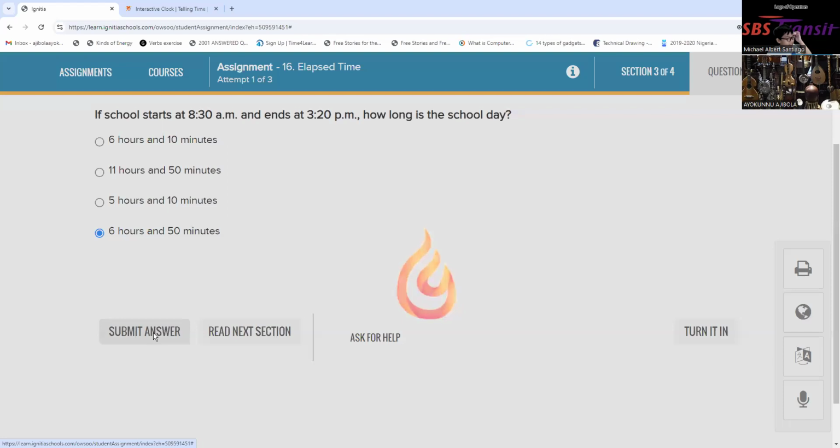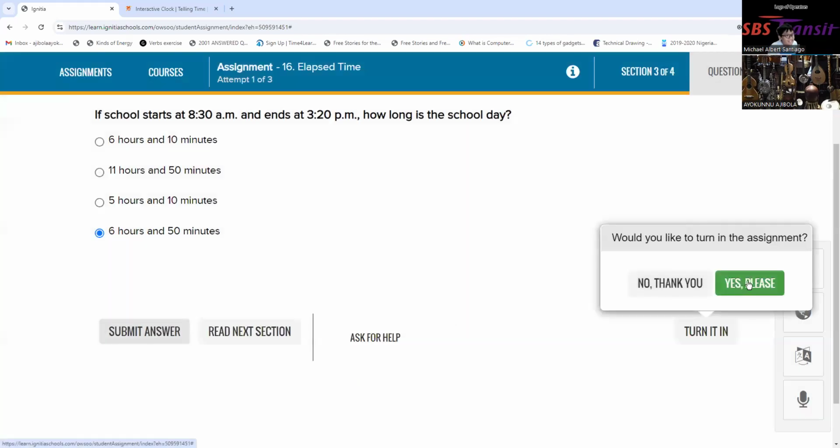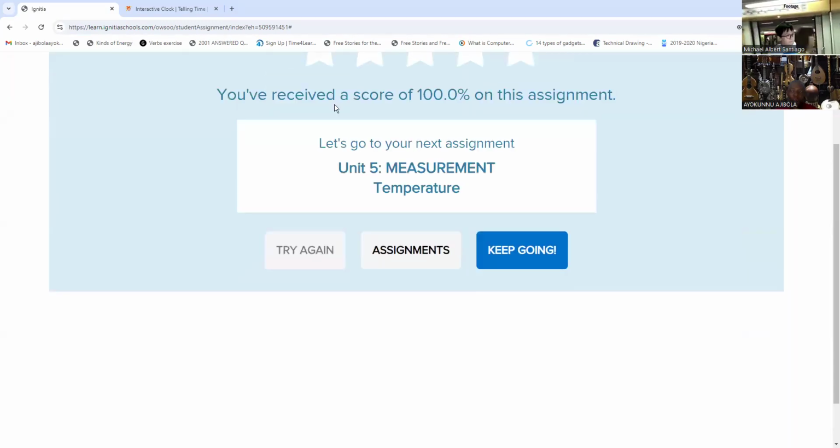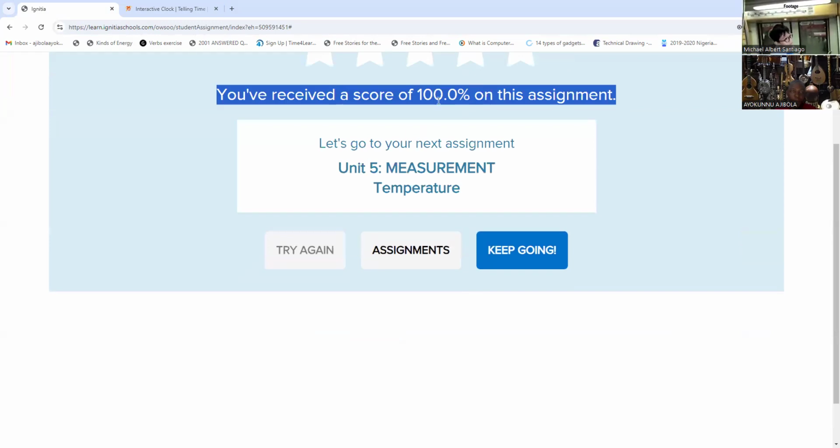Exactly, yeah. So let's submit these. We've been able to work on time elapsed today, okay? Or elapsed time. So what's the score for this? It's 100.